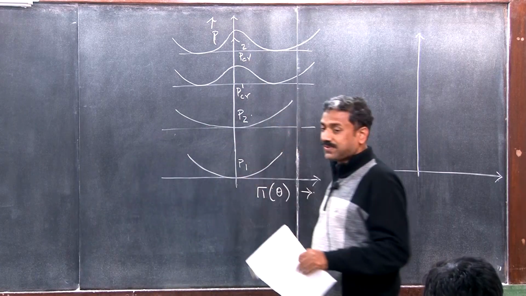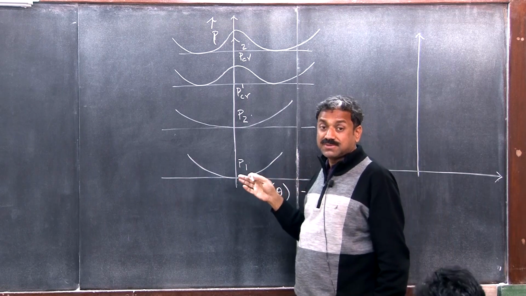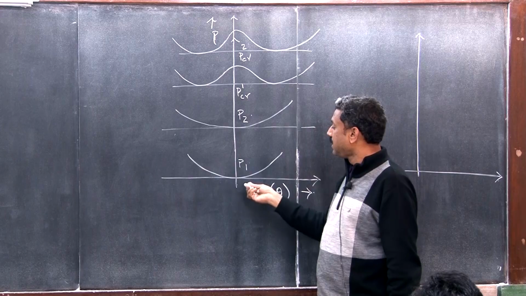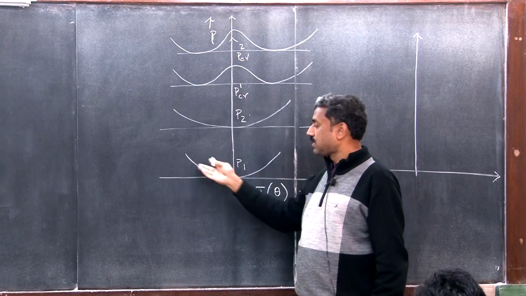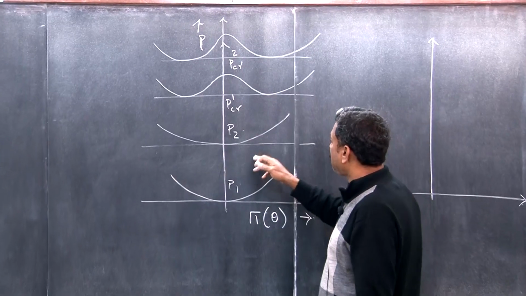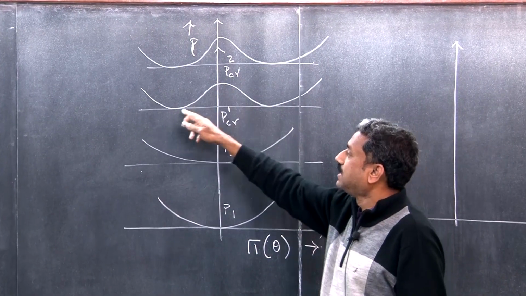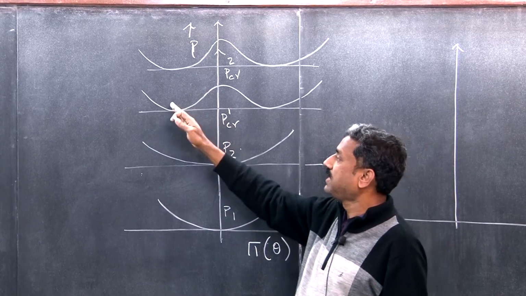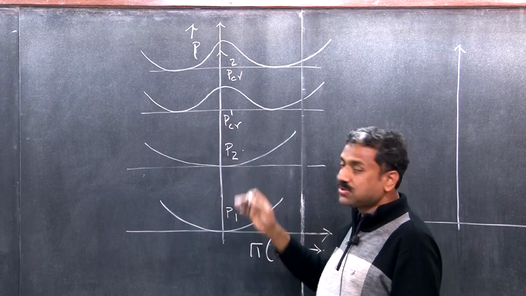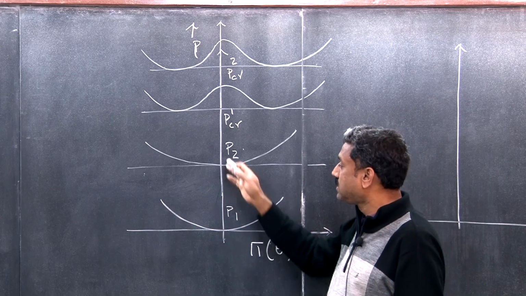What we see, this is for the first kind of system where it is symmetric bifurcation, stable post-critical behavior. You see that the potential energy function is a concave surface as long as P1, P2 are less than P critical. As soon as the critical value is reached, the stable configuration is different. Theta equal to 0 is not a stable configuration; this corresponds to the stable configuration in the fundamental path.